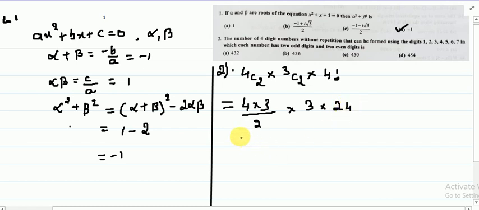Simplifying, 2 ones are 2, 12 into 36, 36 2s are 72, then it will be 432. Option A will be the correct option.